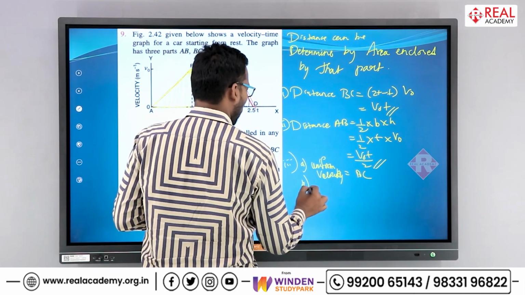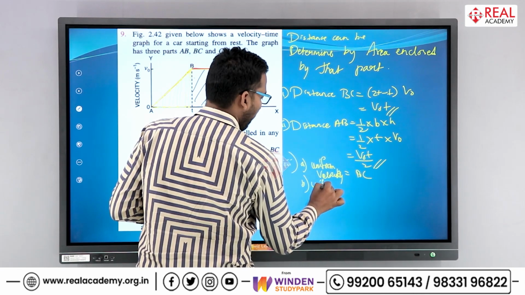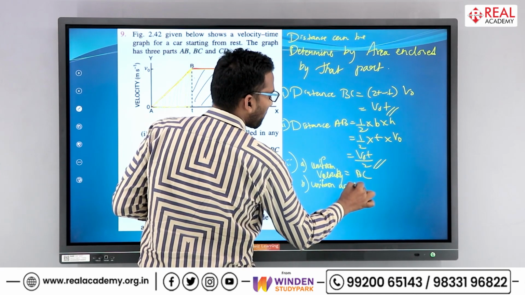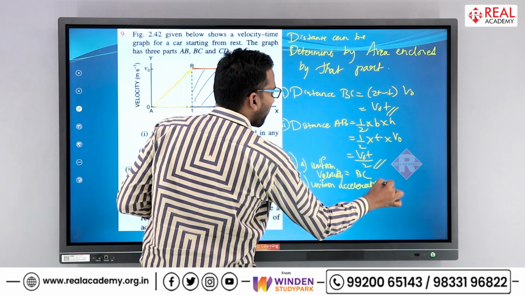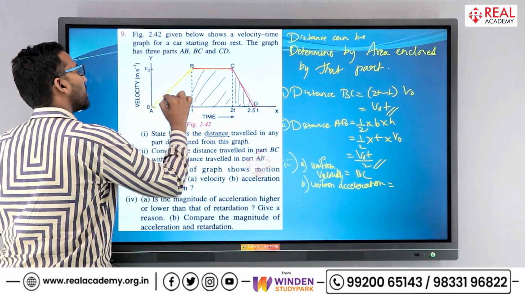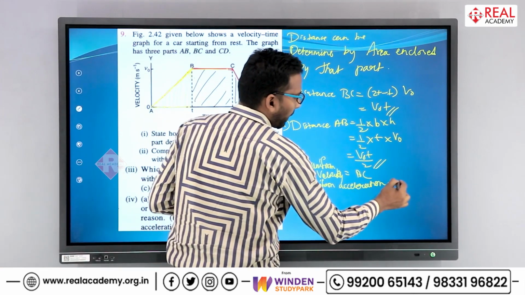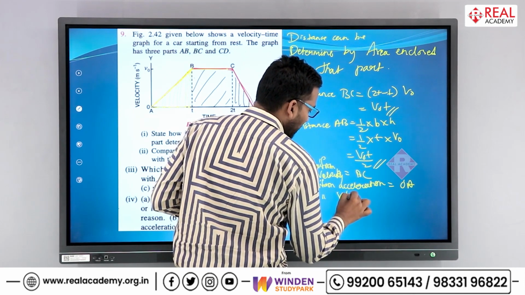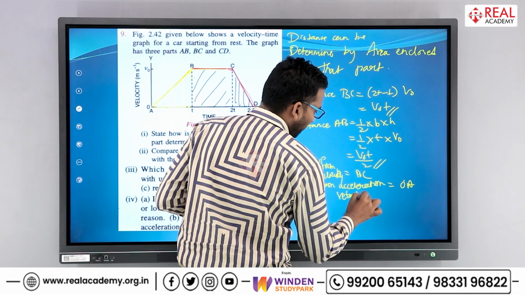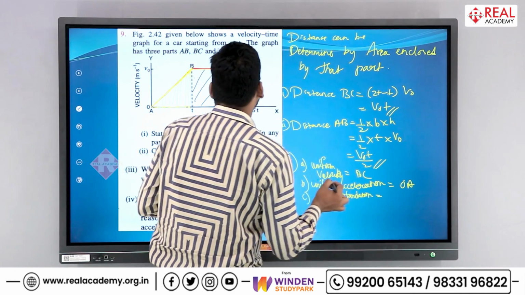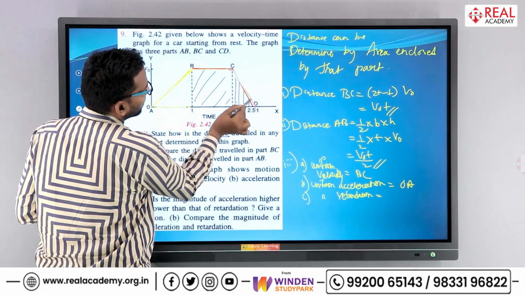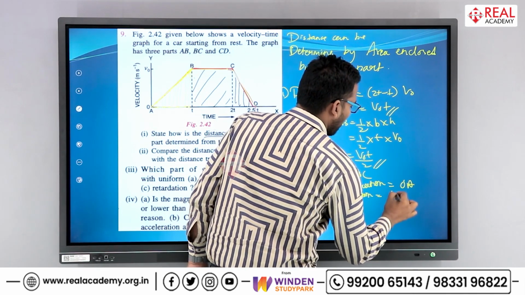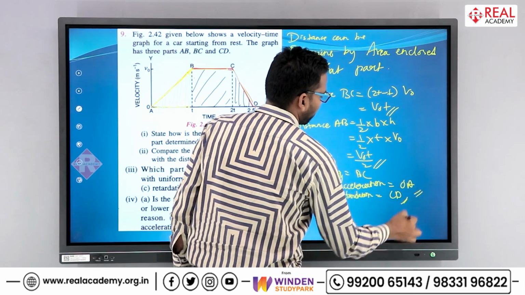For uniform acceleration we can see the region is OA, and for uniform retardation the region is CD, right? Because the velocity is decreasing over here, that's why it is known as retardation.